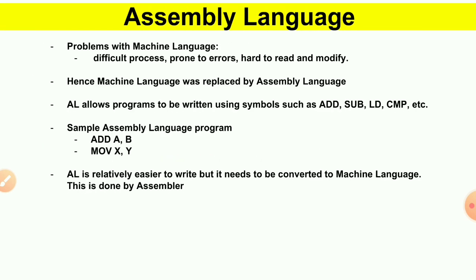Now you know that machine language is not an easy language. Why? Because imagine you have to write a program in a sequence of zeros and ones. It will be a difficult process, and clearly it will be prone to errors, and it will be hard to read and modify.